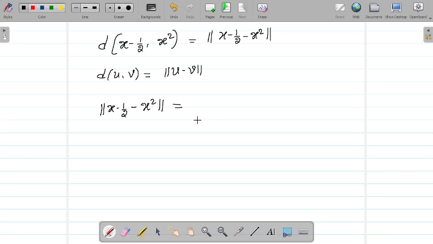So norm square will give me the integral from 0 to 1 of (x minus 1/2 minus x square) whole square dx. This time I don't have an escape, I have to expand it. So integral 0 to 1, I'll expand it this way: (x minus 1/2) whole square plus x square minus 2 times x square into (x minus 1/2).